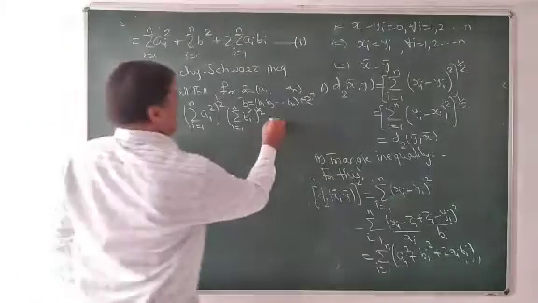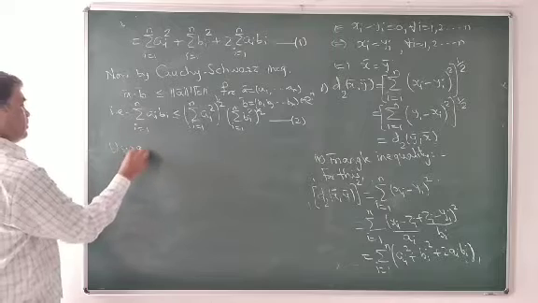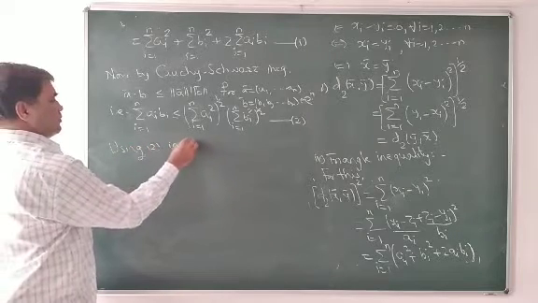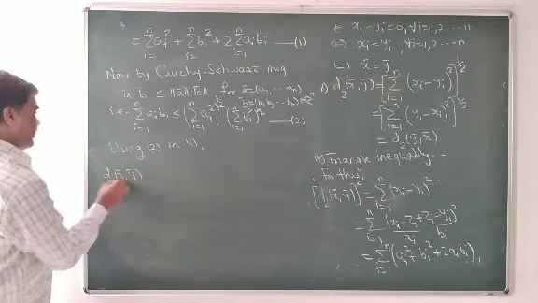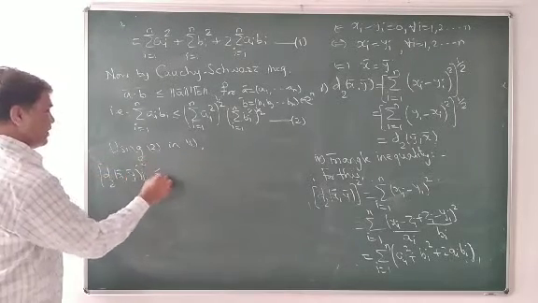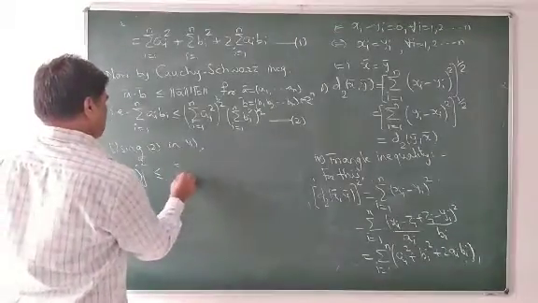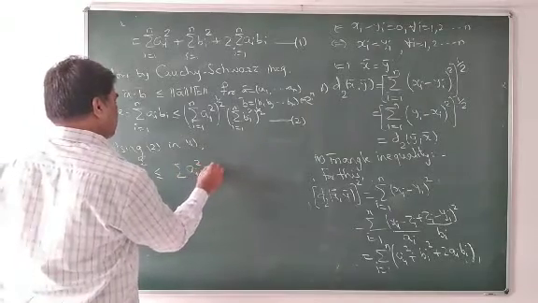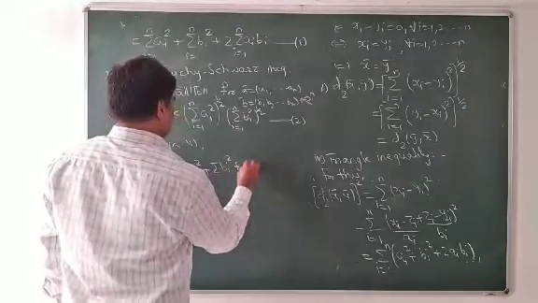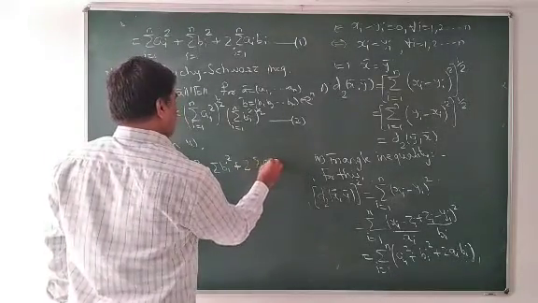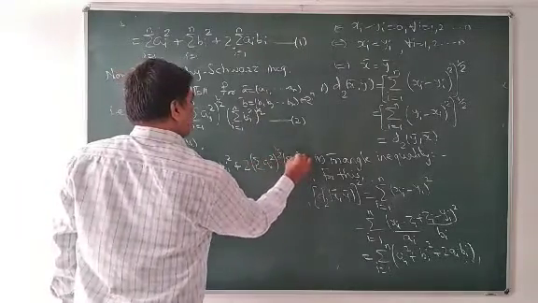Using 2 in 1, I will get d2 of x bar y bar, its square, is less than or equal to summation of ai square plus summation of bi square plus 2 times summation of ai square raised to half into summation of bi square raised to half.